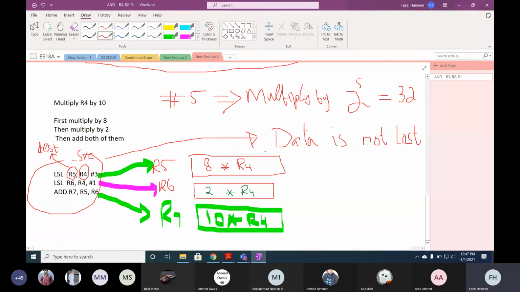Why? If you shift by more and the most significant bits are 1, then the data will be lost. So the range of R4 should be small before doing these kinds of operations. Did you understand?